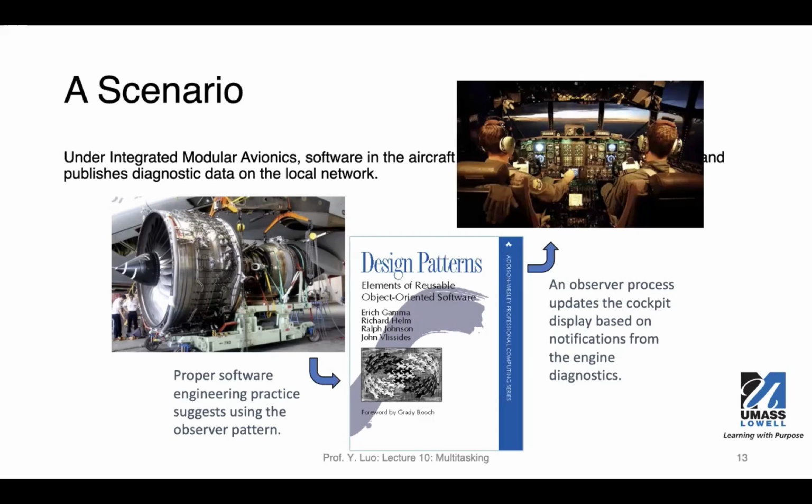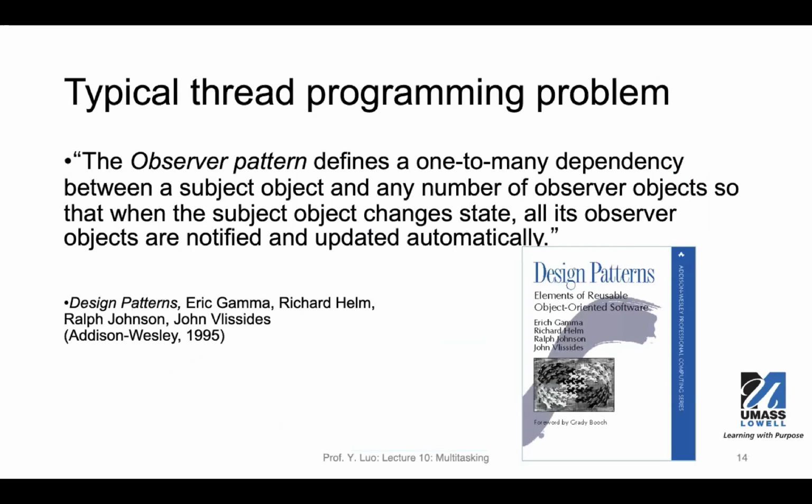And that's what we call the observer process, which, for example, can update the cockpit display based on notifications from the engine about its status. So in practice, software designers will use the so-called observer pattern that we'll talk about to map the data from one to many consumers or observers of the data.